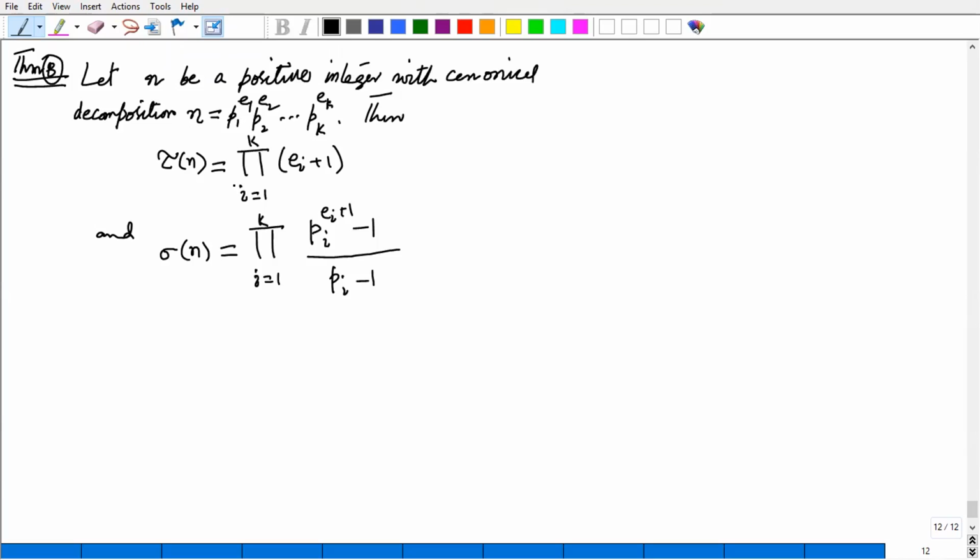In the last lecture, we already discussed that when we have two or more numbers which are pairwise relatively prime, then the multiplicative function can be distributed among all the integers.